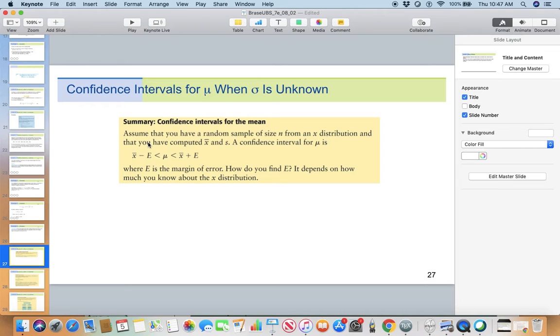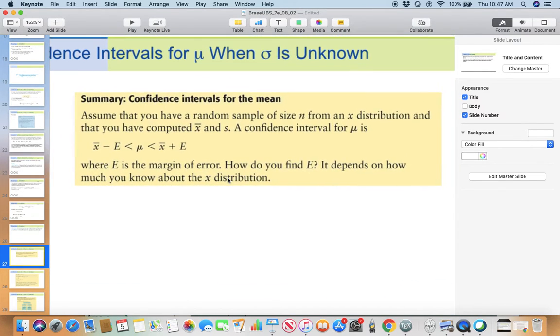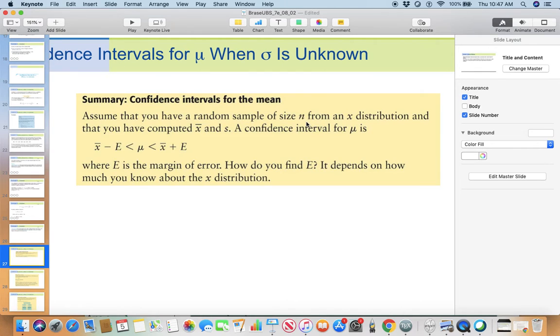Okay. Summary. Assume that you have a random sample of size n from an X distribution and that you have computed x bar and s. A confidence interval for mu is x bar minus E less than mu less than x bar plus E, where E is the margin of error.